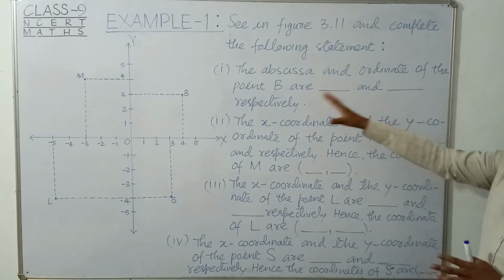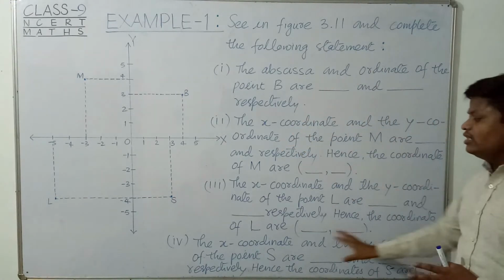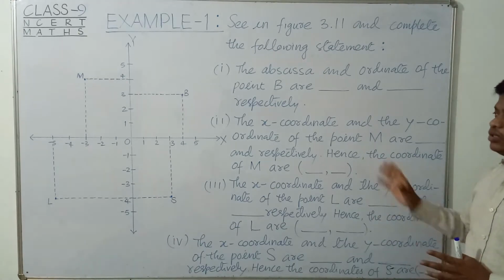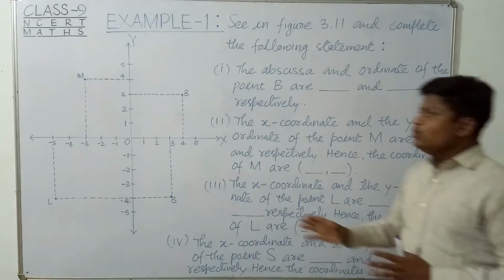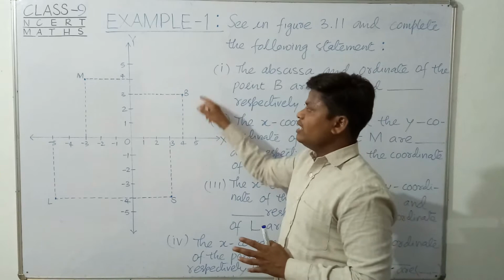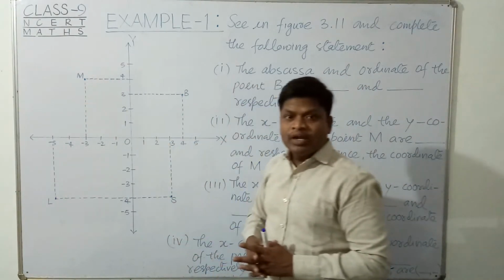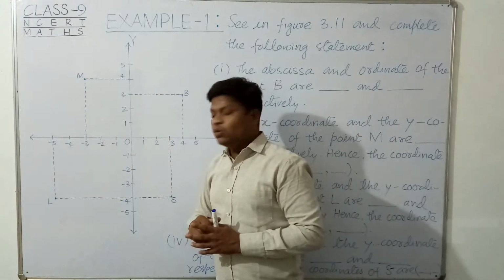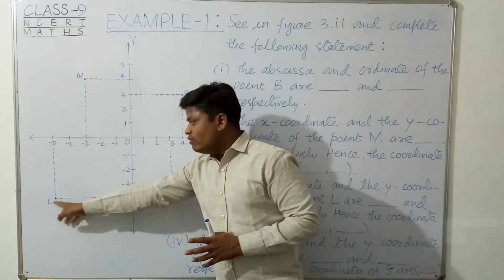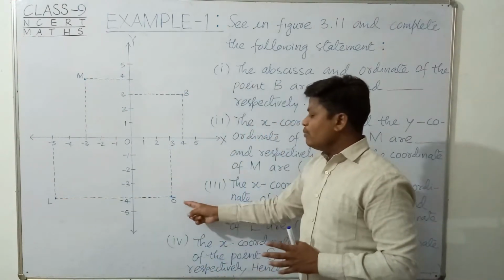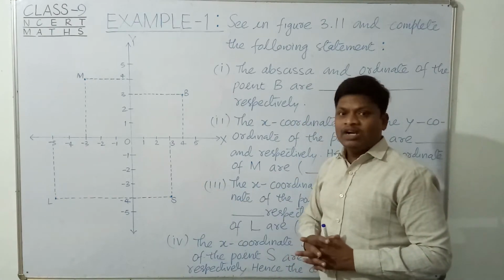We have to observe the graph and fill in the blanks, so we can do it very easily. You can see this is point B, which is lying in quadrant 1, and here there is point M, which is lying in quadrant 2, and in quadrant 3 there is point L, and point S is in quadrant 4, right?